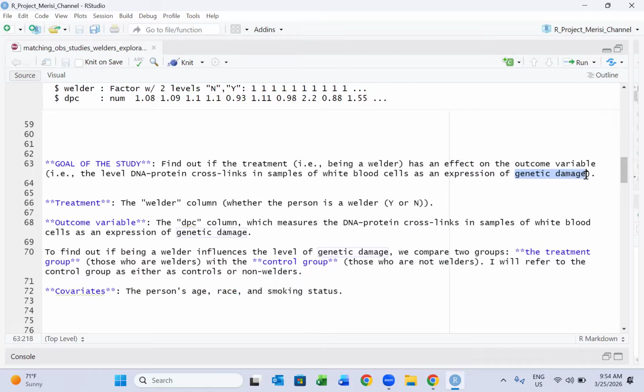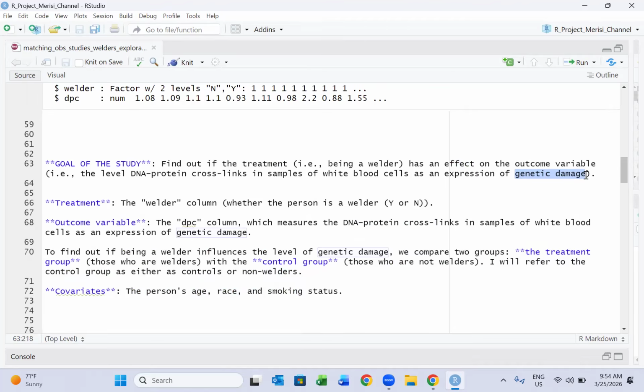If you use a randomized experiment, there are very high chances that you can get comparable treatment and control groups, in other words, treatment and control groups that are similar with respect to the observed covariates and also the unobserved covariates. That is great. That's what we get if we use randomized experiments.